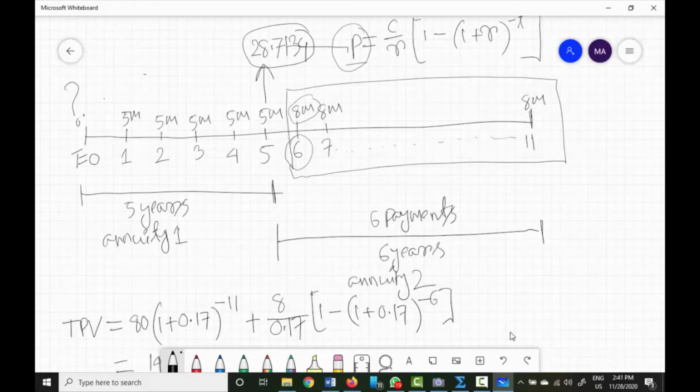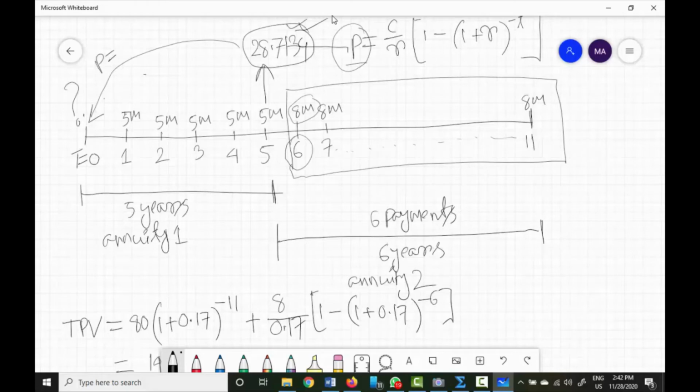Right, but we cannot stay there, because our ultimate destination is period 0. So this present value of annuity 2 is received at period 5, and we need to move from period 5 to 0. Now this is a single cash flow. Since we are going behind, we will use the present value formula.